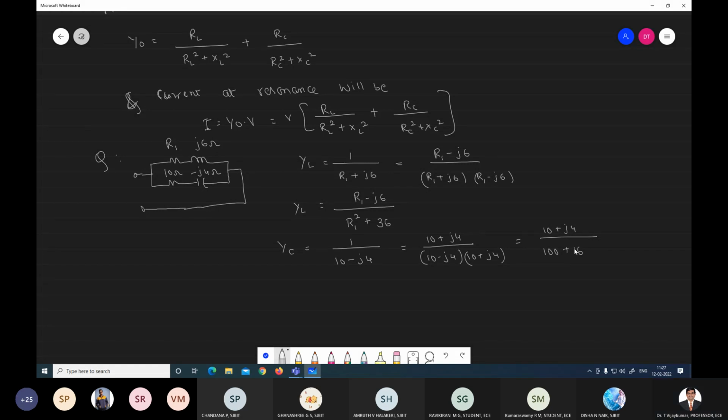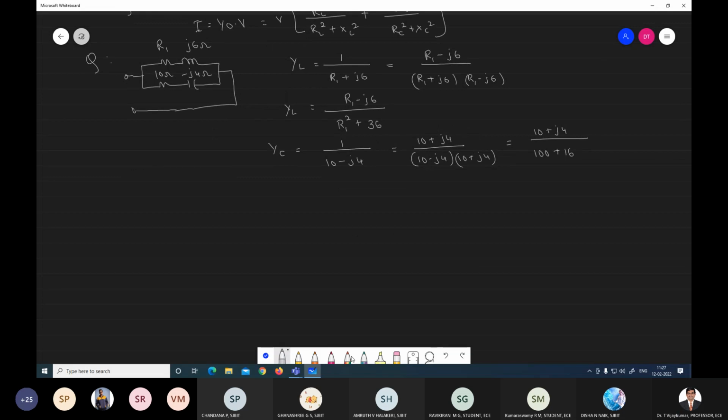So 10 plus j4 divided by 116. Then what is the total admittance? Y total is equal to how much? YL plus YC. YL is nothing but R1 minus j6 divided by R1 square plus 36. What is YC? YC is nothing but 10 plus j4 divided by 116.